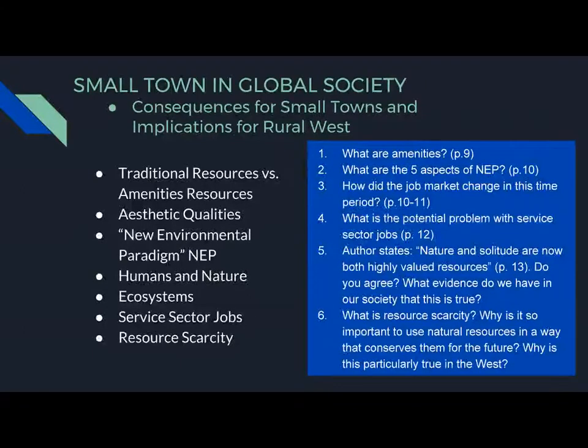And so we start to look at what is the relationship of humans and nature, what is the balance of our ecosystems in the West. And again, we start to look at resource scarcity because we don't have a lot of water, and we don't have endless amounts of oil or timber or mining. And also considering what is the balance of using it now versus making sure that there's still some left for future generations.